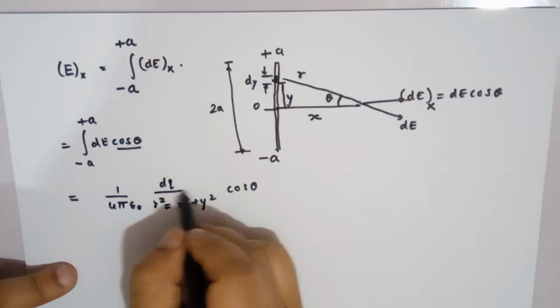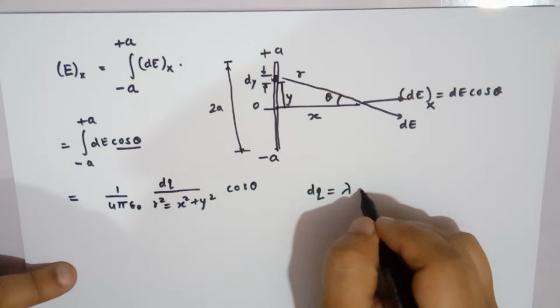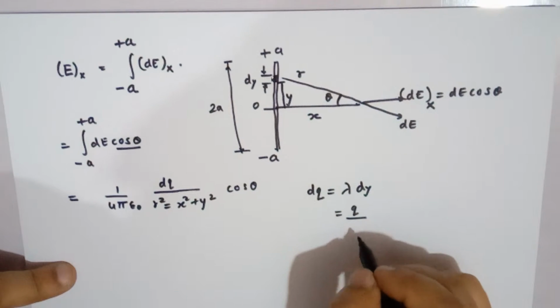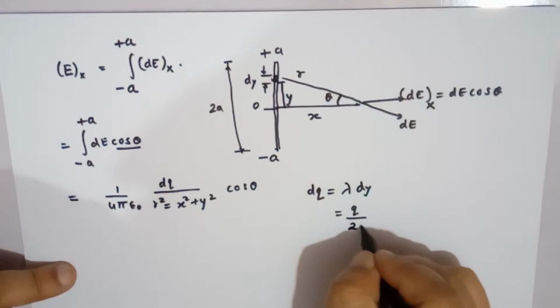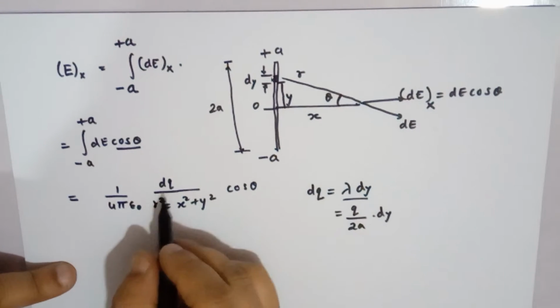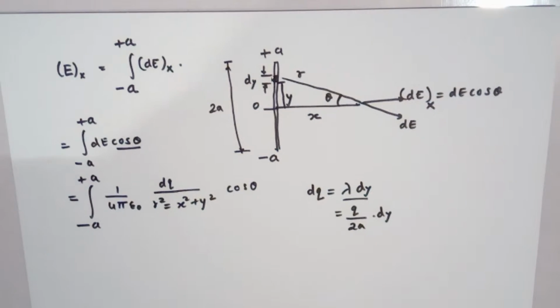We also calculated that this dq was basically lambda into dy, which later on was written as q upon length 2a into dy. So you can put this value here, and of course integration from minus a to plus a.